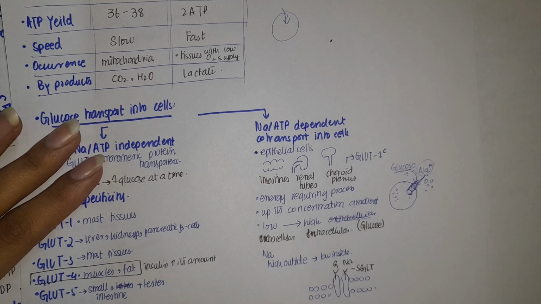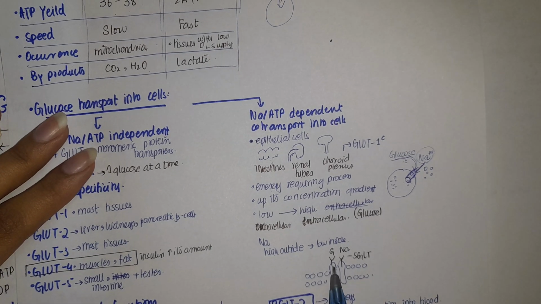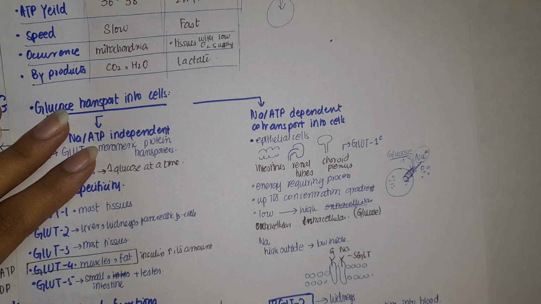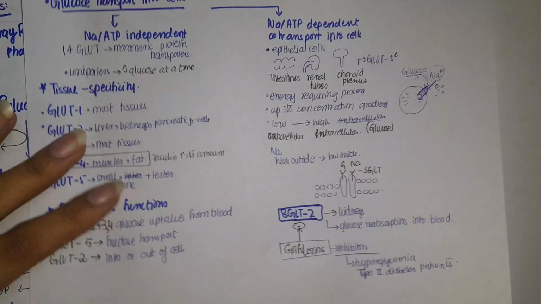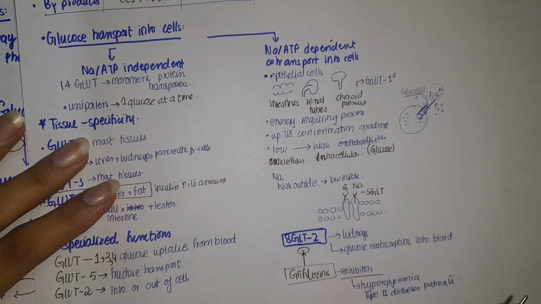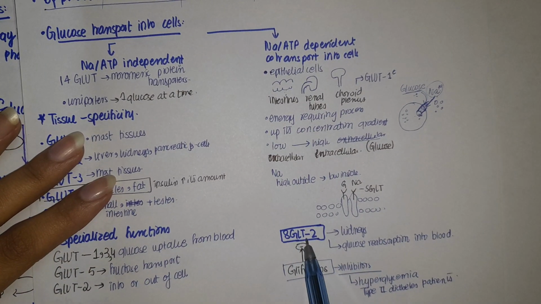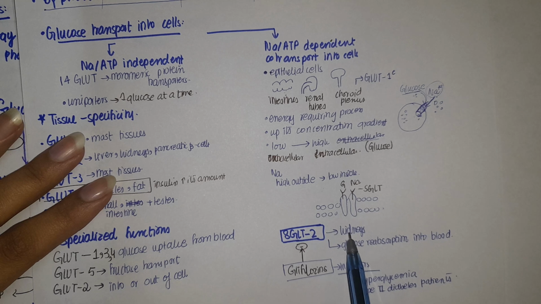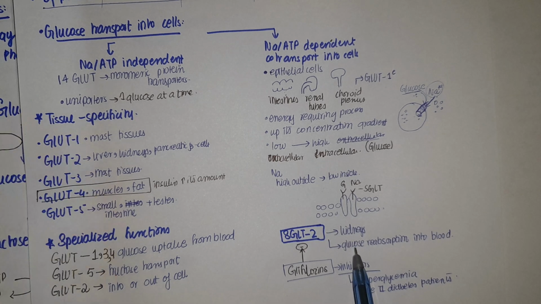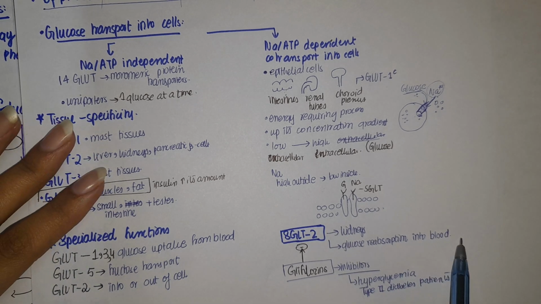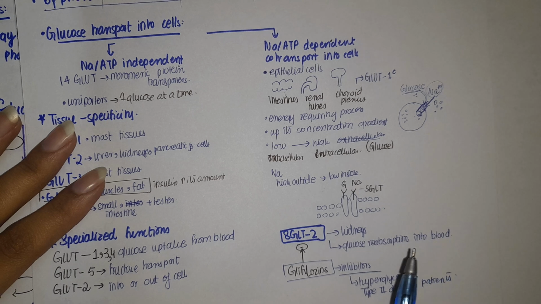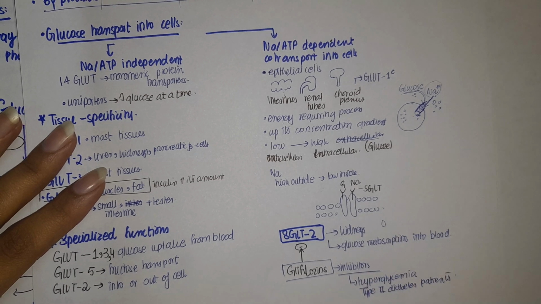So it is a co-transport, and this co-transport is done by sodium dependent glucose transporters. Now we have sodium dependent glucose transporter 2 as well, which is present in kidneys, and it allows glucose reabsorption into the blood. What does it mean?